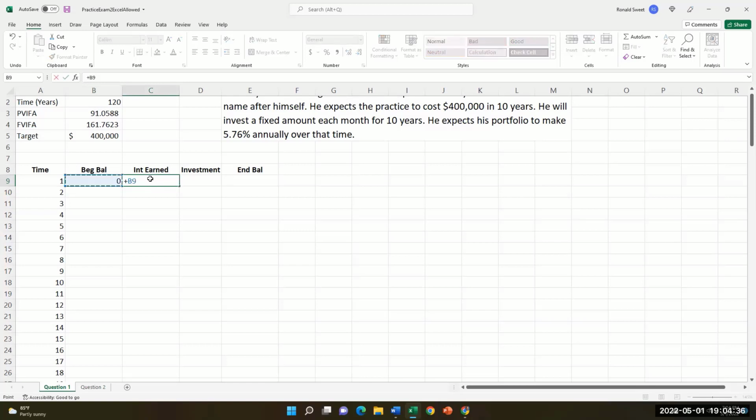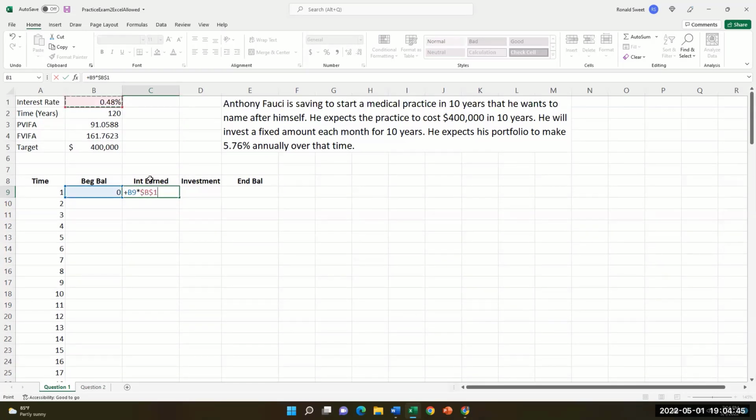Your interest is always going to be, whether it's interest earned or interest expense, beginning balance times your interest rate. You got to make sure you lock that in. If you're on a Mac, I think it's Command and F4, but or else make sure you put those dollar signs in there. The investment's going to be your target divided by your future value interest factor, or that amount.